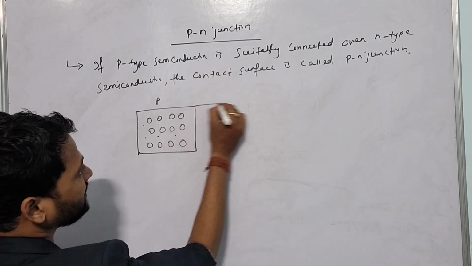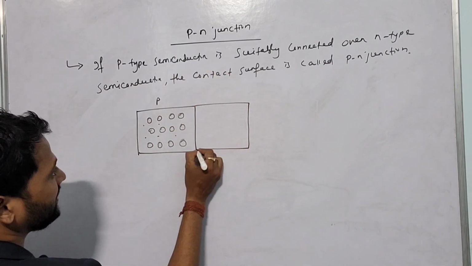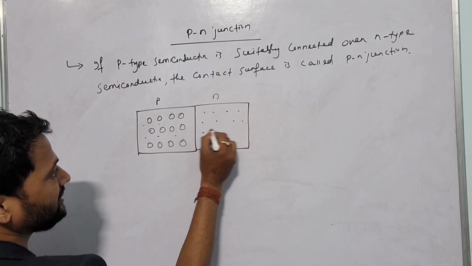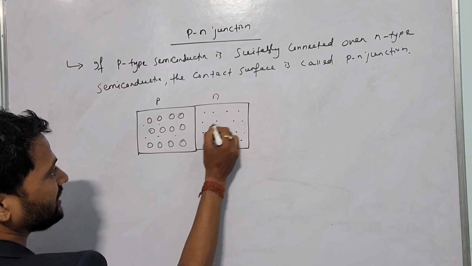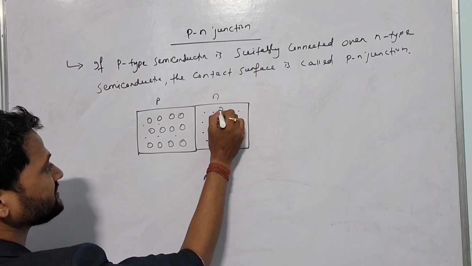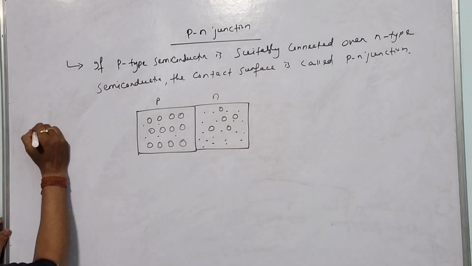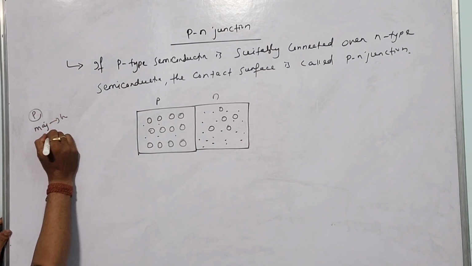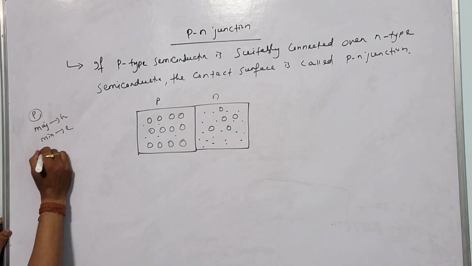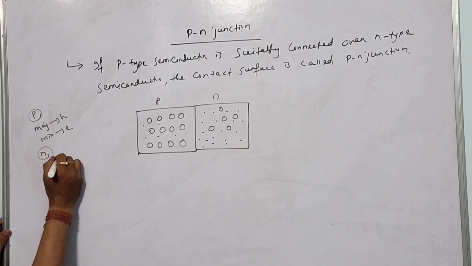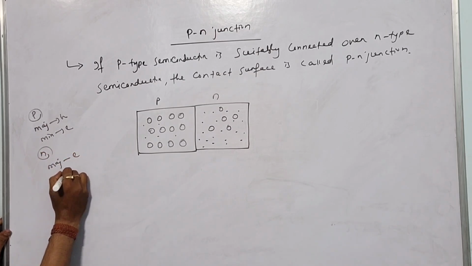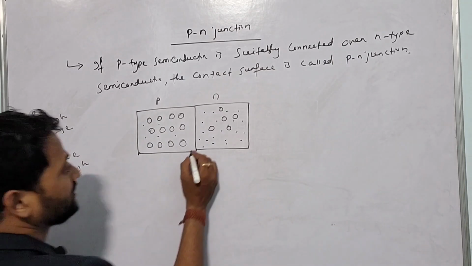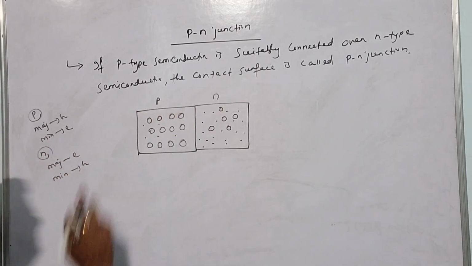If it is suitably connected over n-type semiconductor, in n-type semiconductor, majority charge carriers are electrons and minority are holes. Here I am writing, in p-type semiconductor, majority is hole, minority is electron. But in n-type semiconductor, majority are electron, minority hole. Done? So now how will the p-n junction form?